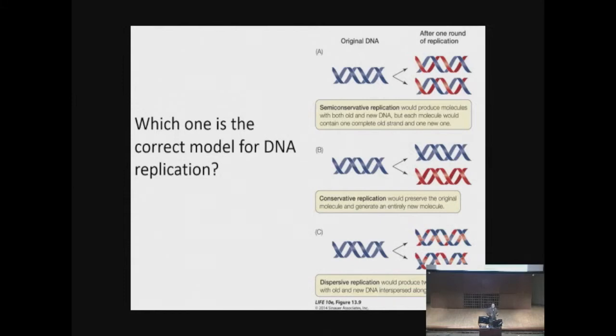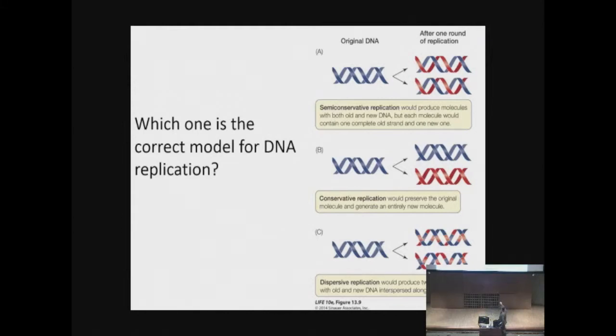Many of you probably already know about DNA replication. And if you read the book, you saw that there were 3 different ways scientists were thinking DNA can replicate. One is a semi-conservative method. The other one is a conservative replication, and a dispersive replication.